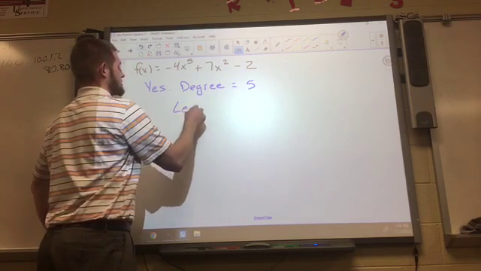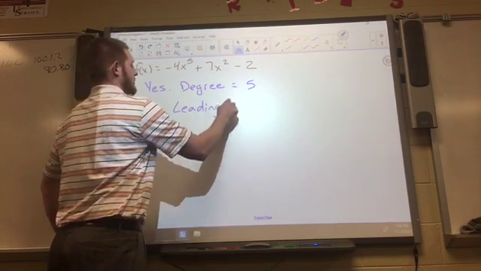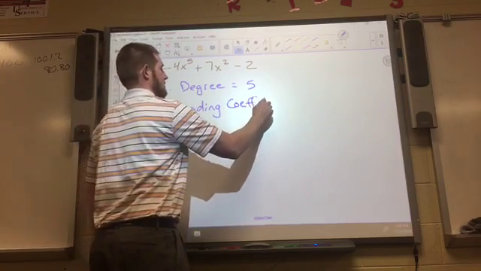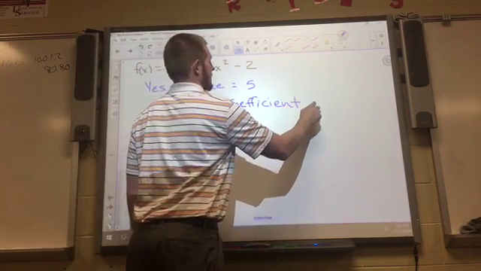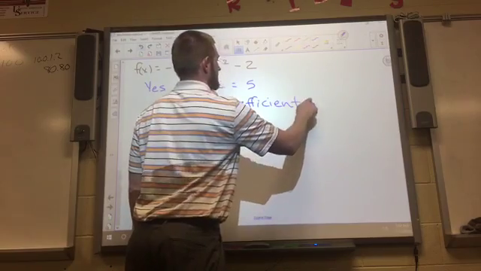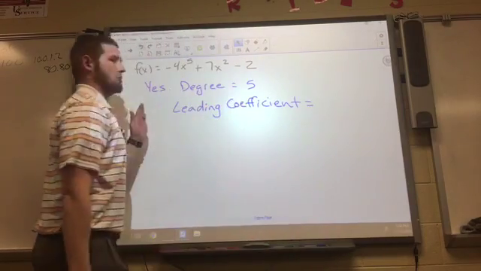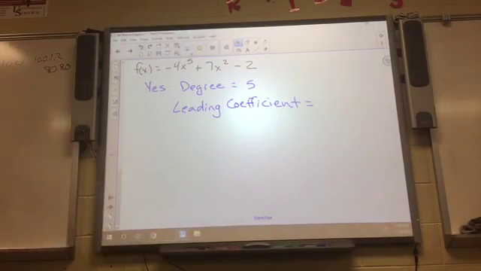And then we're looking for what's called the leading coefficient. Now the leading coefficient will always be your front number if it's in standard form. Okay, well, if it's in standard form, the largest exponent's got to go first, right? So what's another way to find the leading coefficient if it's not in standard form?